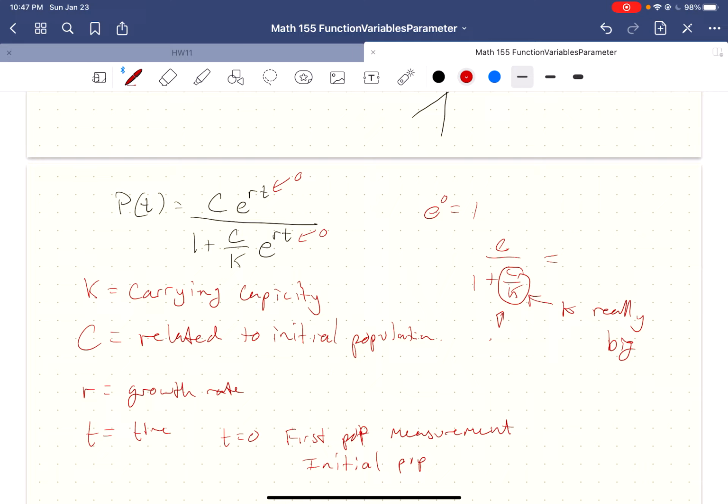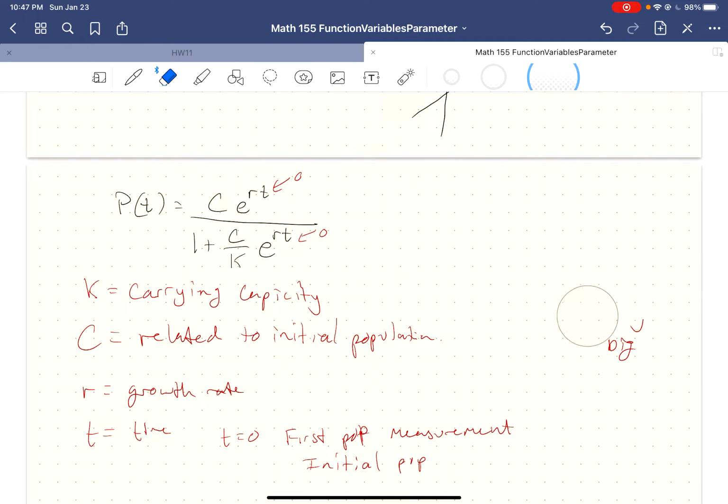It's practically 0. So this is why I was saying c is related to the initial population. C divided by 1 plus something that's basically 0 is still basically c. But technically, this whole more complicated object is your initial population.